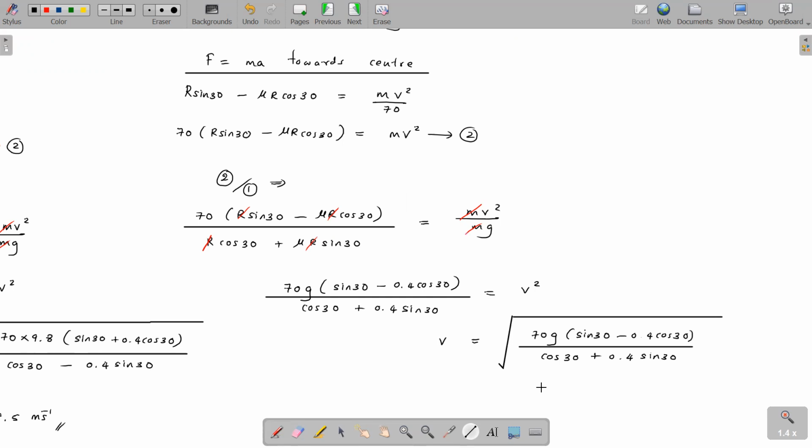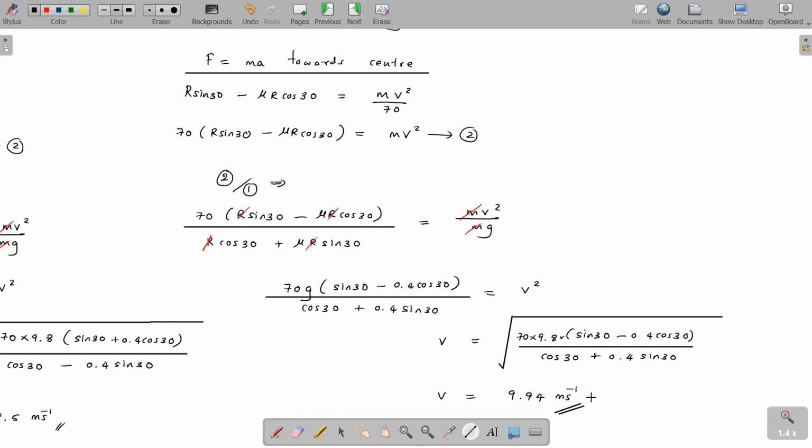So you get the answer. Take this answer and this should give you the minimum value of the speed. Correct to 3 SF, g is 9.8, so you can give g value as 9.8. 70 times 9.8, and then multiply with this. So it's 9.94 meters per second.